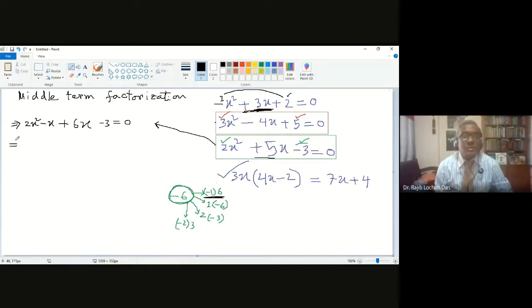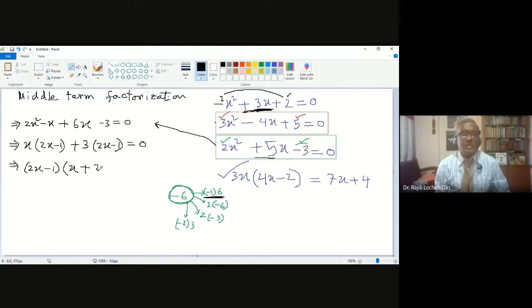In the next line you can write x is common, so 2x minus 1, and then plus 3 is common, so 2x minus 1. The factors are the same, so you can take it common again, 2x minus 1. From here it will be x, and from here it will be plus 3.